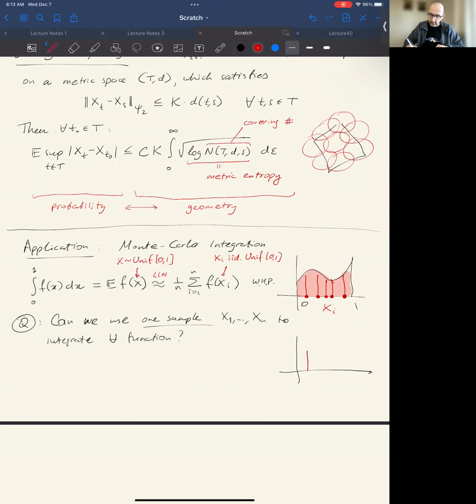Whatever sample we take, maybe these 4 points, the adversary can always pick a function that is concentrated on that sample, making the value 1 on the sample and 0 elsewhere. The sample mean will be large, but the true mean will be small. So it's not possible.